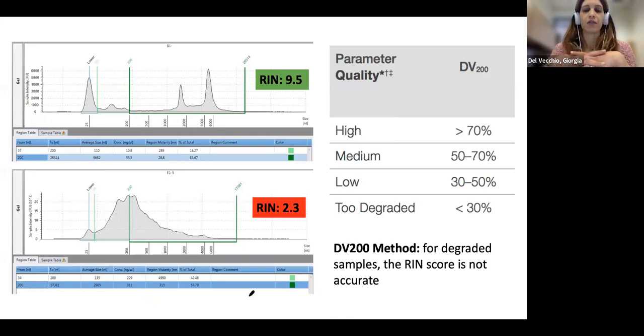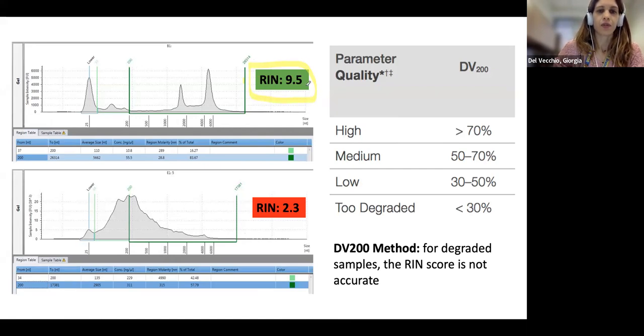So when we have really low quality RNA, we should not rely on the RIN score to make decisions for the library prep, but we should look at the percentage of the sample that falls in the range of 200 base pairs and up, okay?